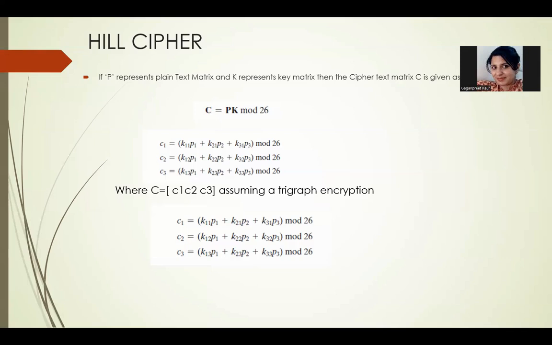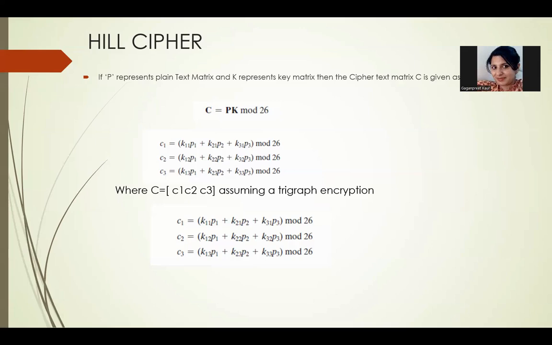Now, how do I go with it? This is just a generalized grammatical representation. So here we are talking about a trigraph. When I say trigraph, it means 3 groups, so there will be 3 elements of my plain text. Let's say it is S-A-Y.